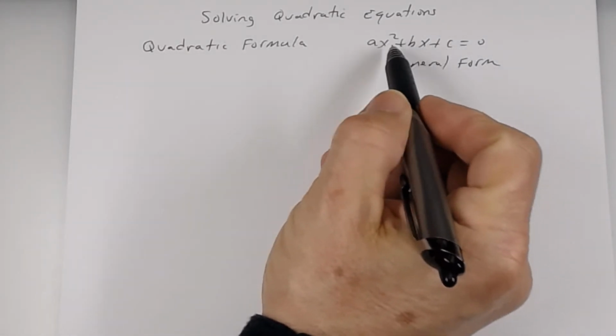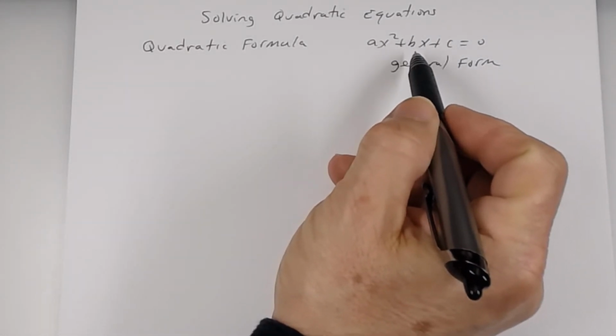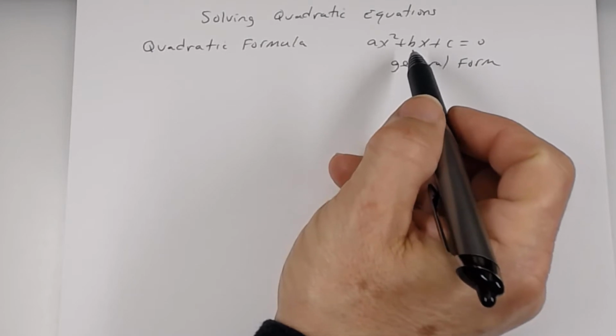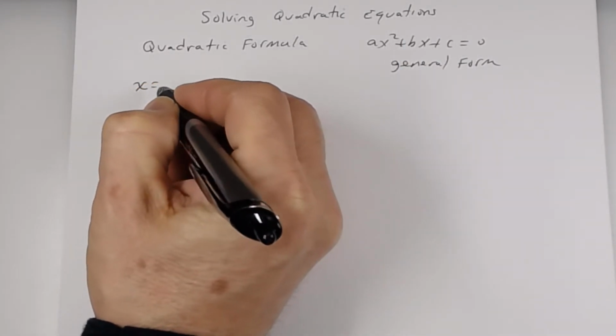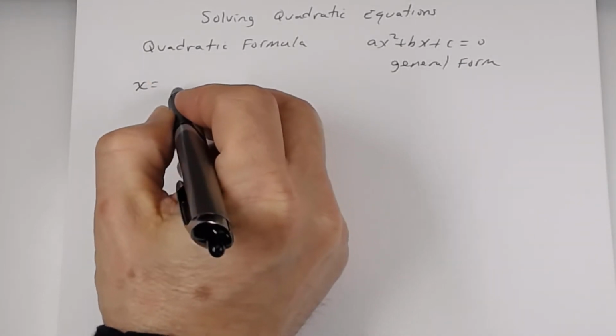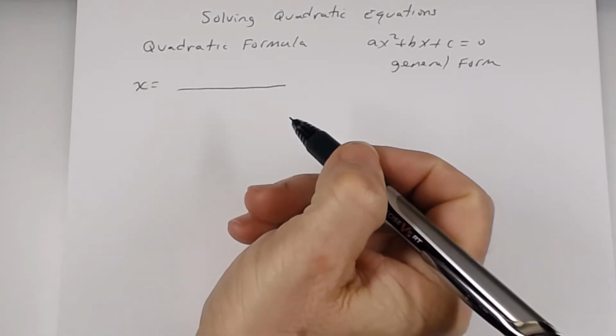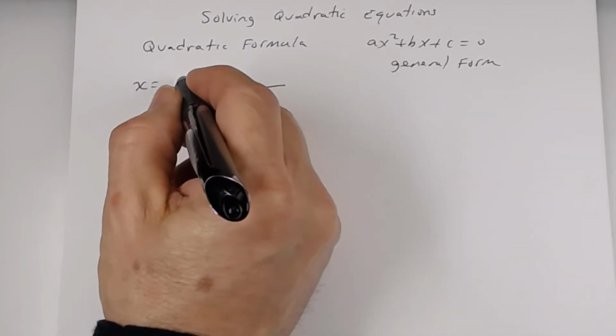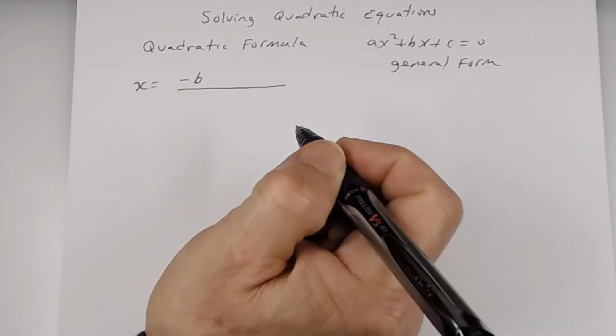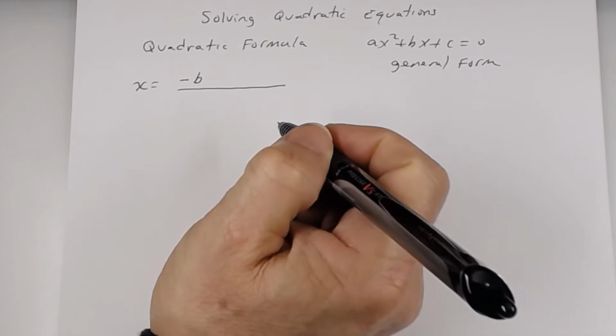So what's your variable here? The variable x. So x is your variable. So the solution would be x equals, now listen to the words. You're going to have a numerator and a denominator. When we state the quadratic formula, we say the opposite of b, negative b.